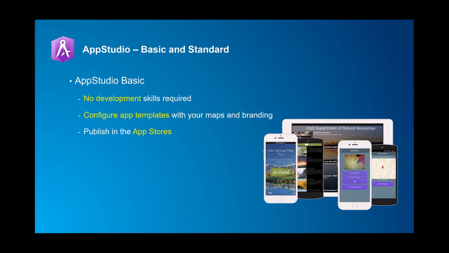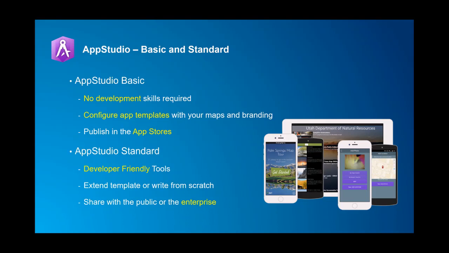And this is where you can, with no development skills required, configure some of our templates with your maps and your own branding, your own images and things, and create executables that can then be published to the app stores. There's no coding going on here, just configuring the templates and going.